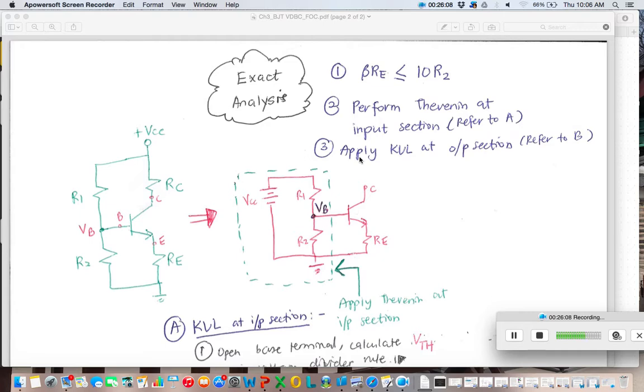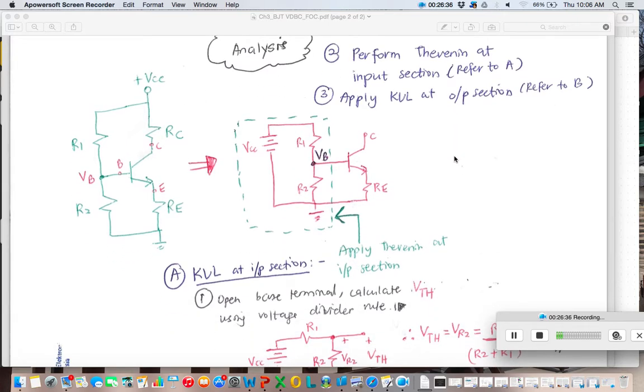In exact analysis, you must calculate the Thevenin equivalent at the input section. Once you finish calculating the Thevenin values, only then can you proceed to applying KVL at the output section.